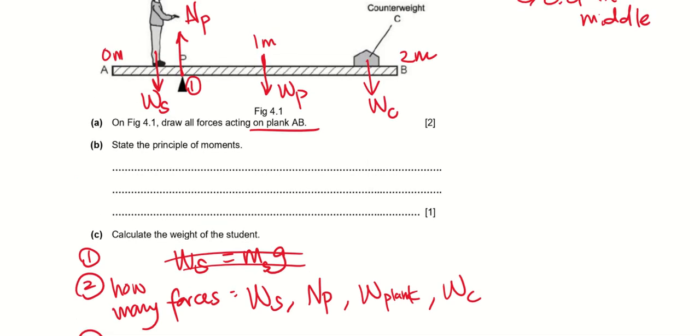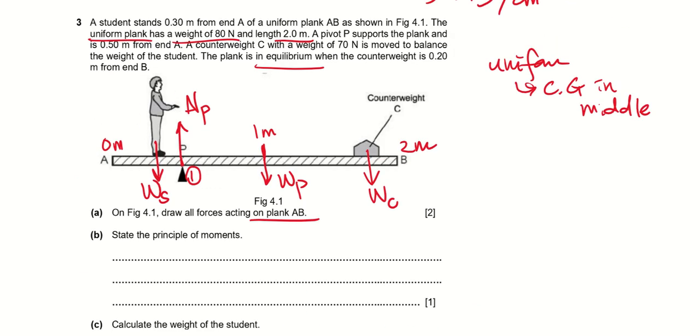So WS is here. The student stands 0.3 meters from A. The pivot is 0.5, so I need to actually fill in all the distances. 0.5 meters.